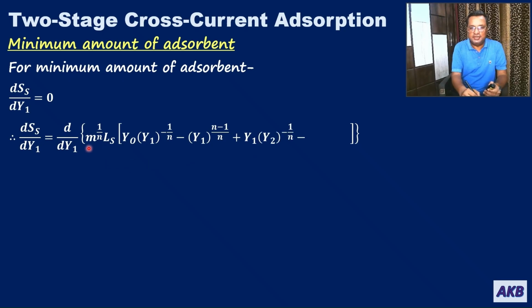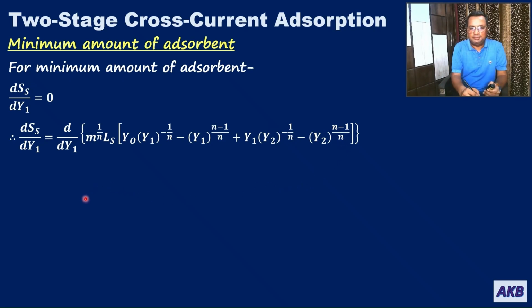So the equation is m raised to 1 by n into LS into capital Y0 into capital Y1 raised to minus 1 by n minus capital Y1 raised to n minus 1 by n plus capital Y1 into capital Y2 raised to minus 1 by n minus capital Y2 raised to n minus 1 upon n.